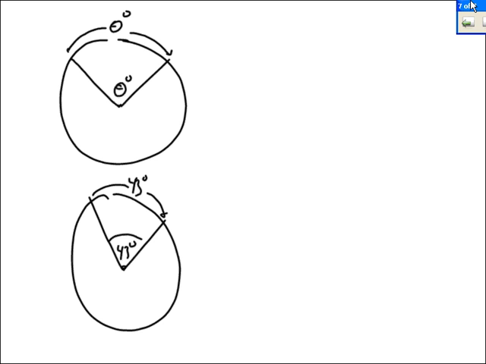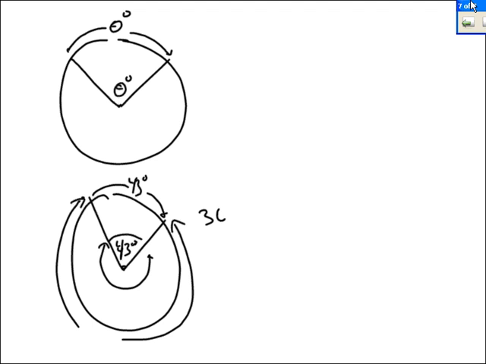So, how many degrees would be in the major arc? Well, you have a couple of ways of doing this. You can say that that angle is 360 minus 43, or 317.